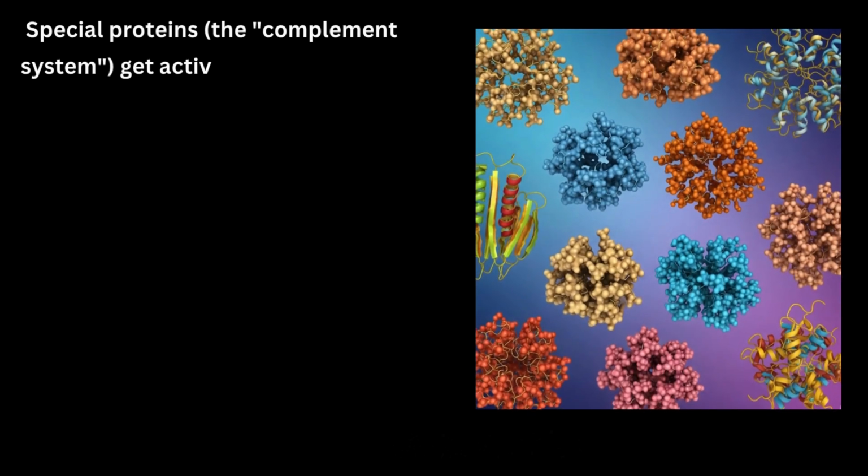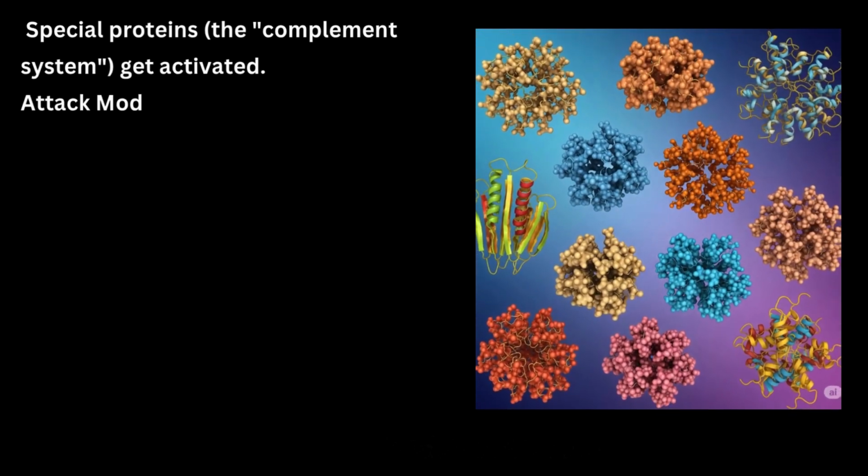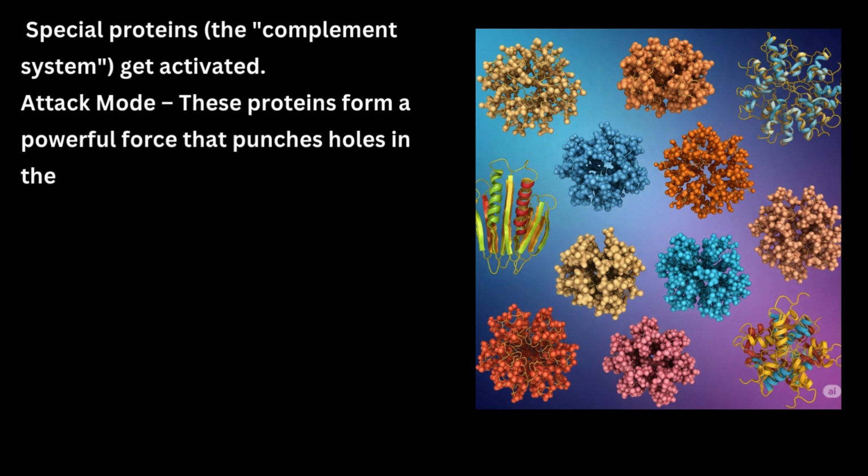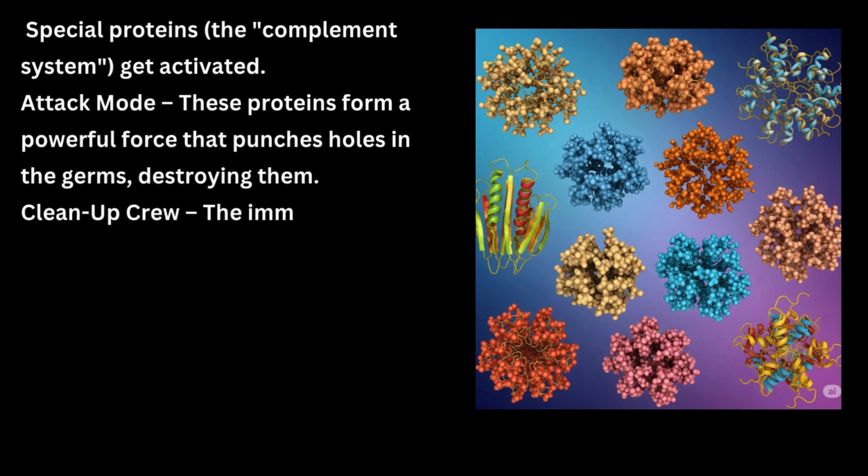Another way is that the complement system activates a special group of very powerful proteins, which punch holes in the germs and destroy them. After destruction, the immune system comes and clears them from the body.